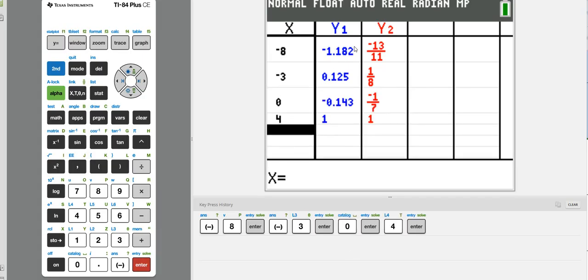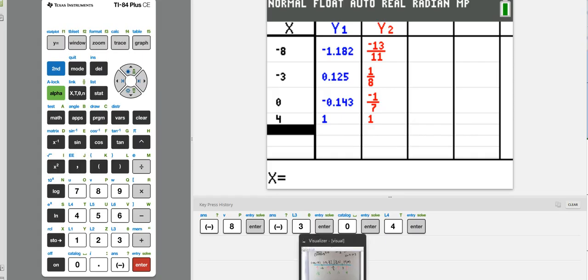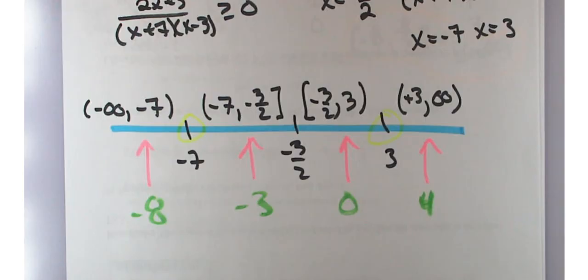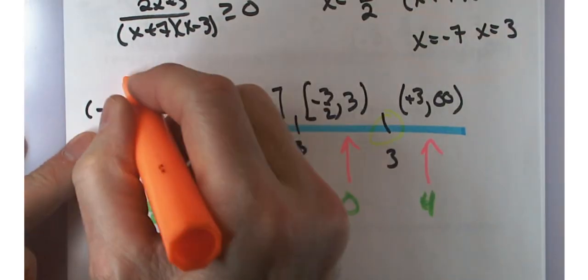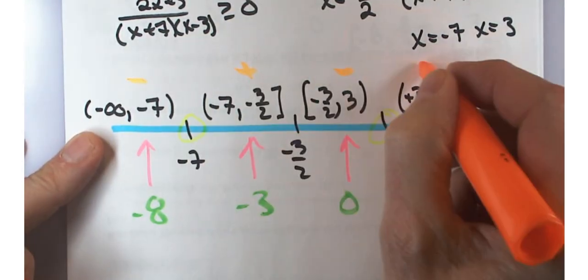Now both of these are giving us the same information. We just need to know where it's positive or negative. In the first one, you get negative, then positive, then negative, then positive. A lot of times they alternate, and that's fine. Let's write that down: negative, positive, negative, positive.